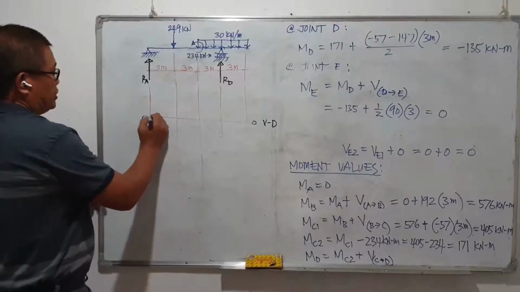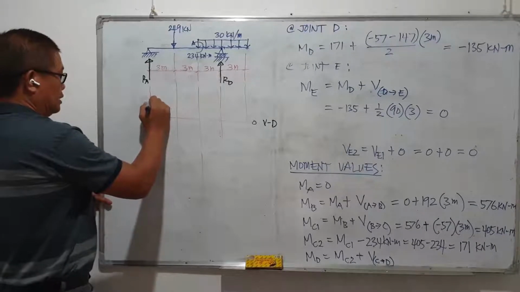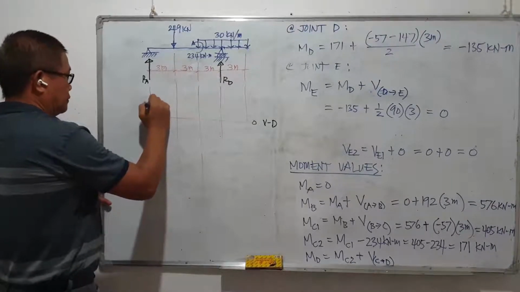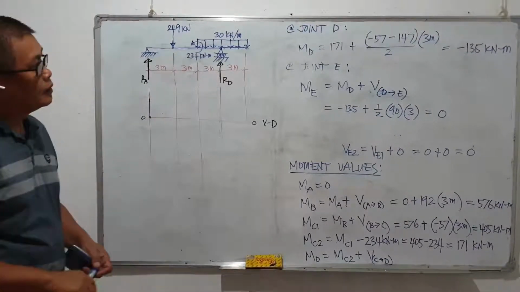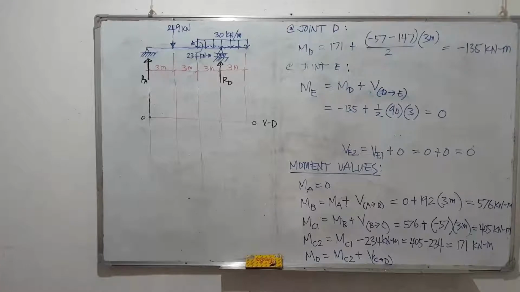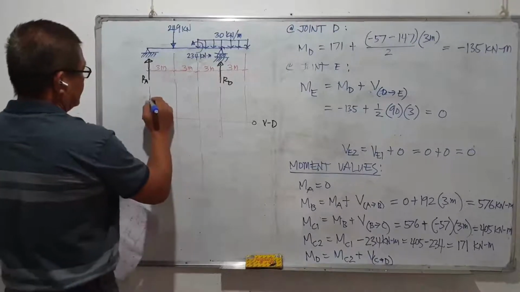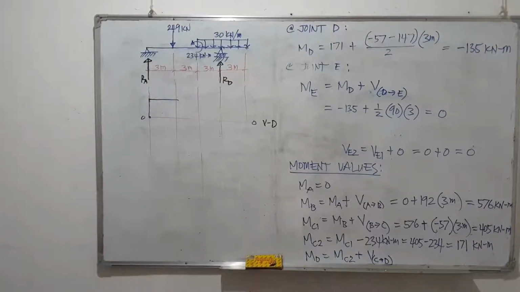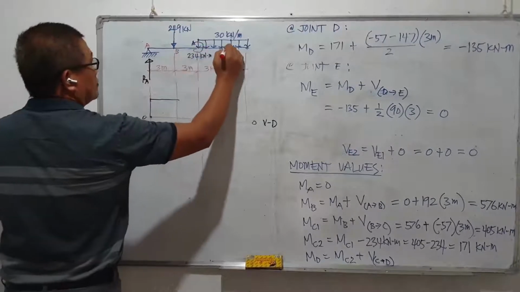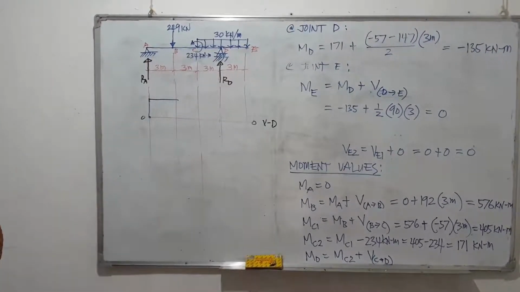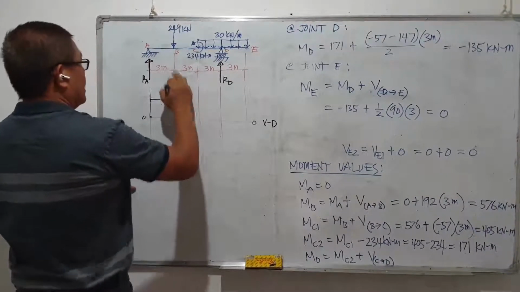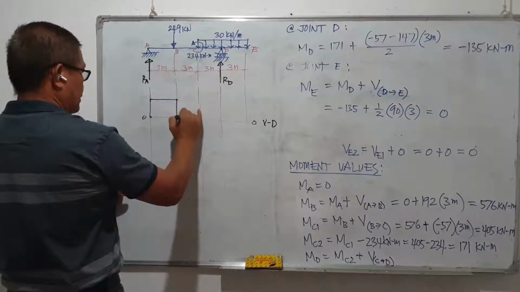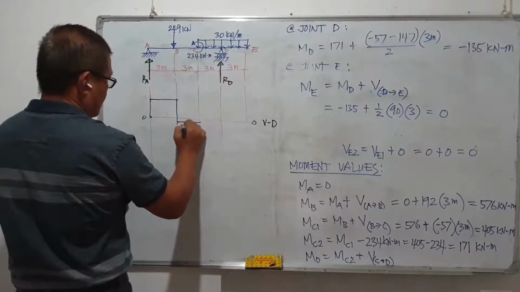The shear diagram starts with 0 at point A, and then it goes up by the magnitude of R sub A. R sub A is 192, and it is constant towards point B. Then minus 249, and the value here is negative 57.